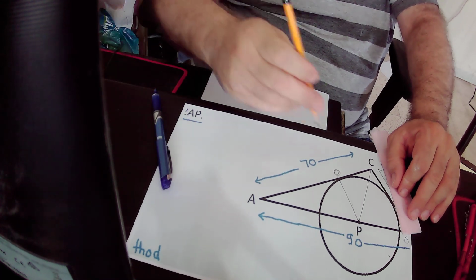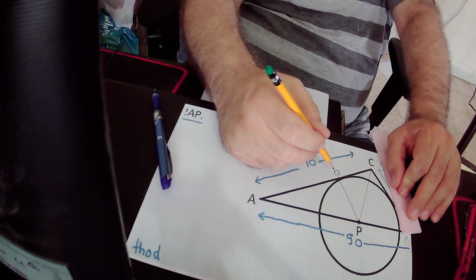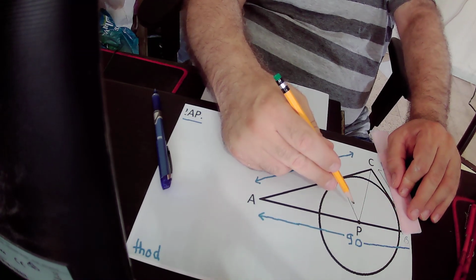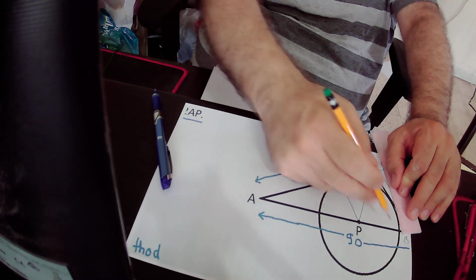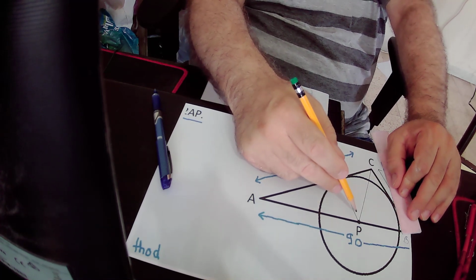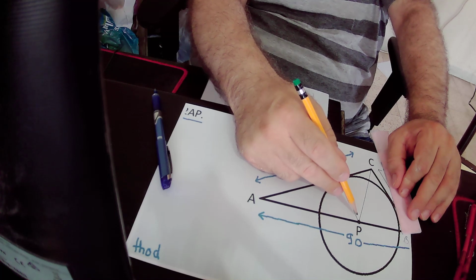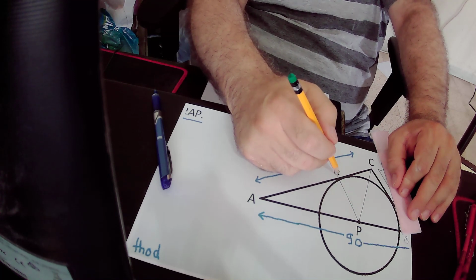As you can see from the drawing, line OP is the radius of the circle because it exits from point P and touches the circle.